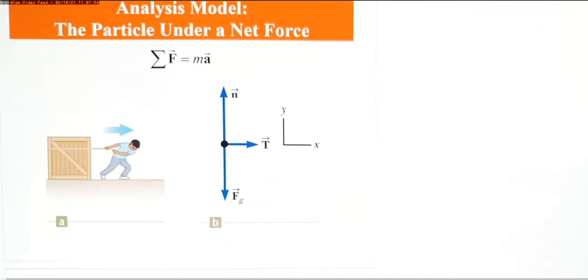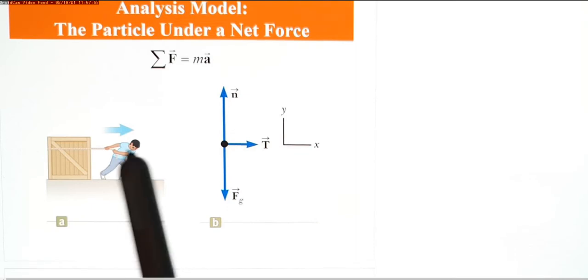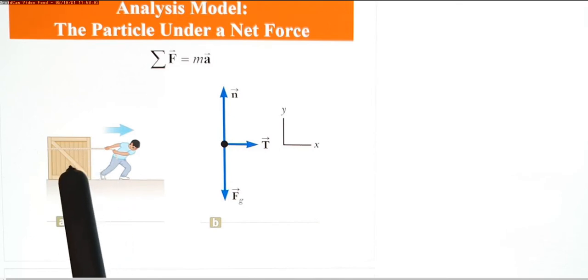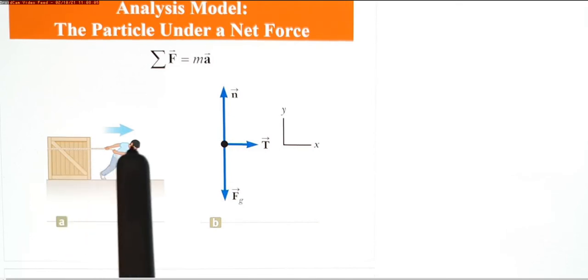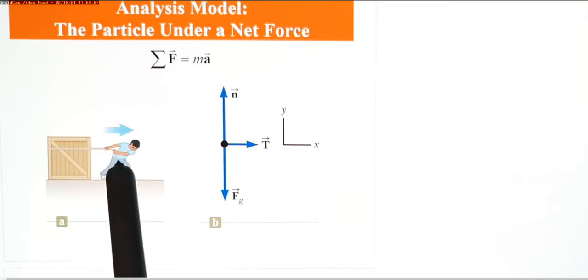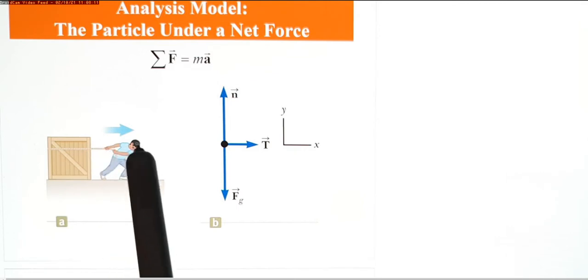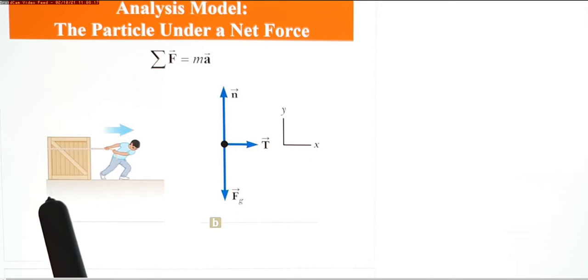Let's take another example. An object, which is this box, and this student is applying a force from left to right, and suppose we want to calculate the acceleration of this box.